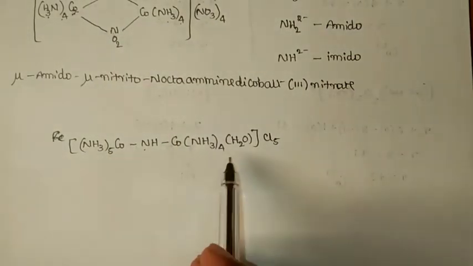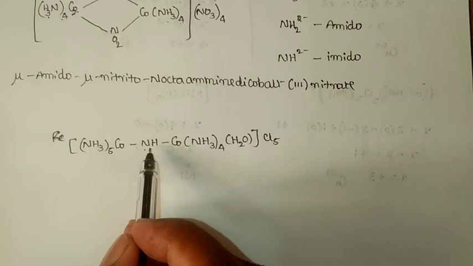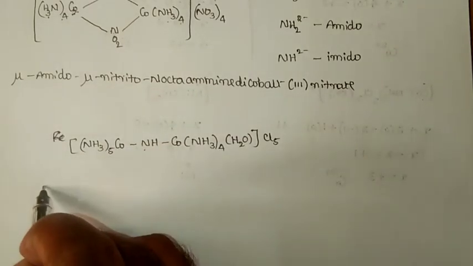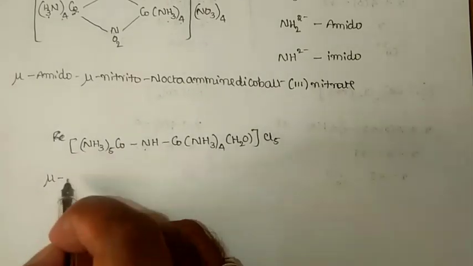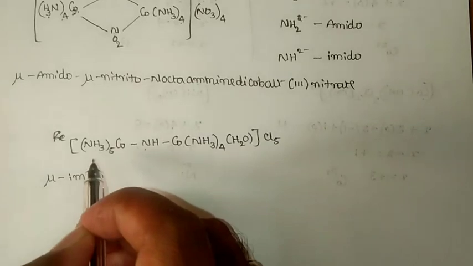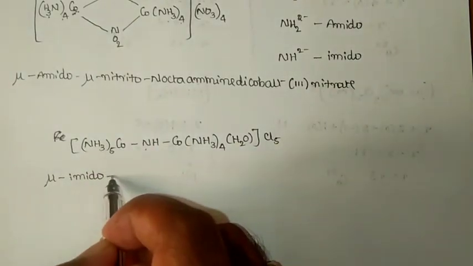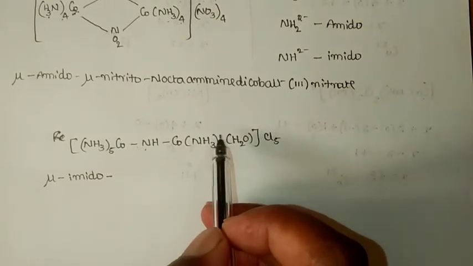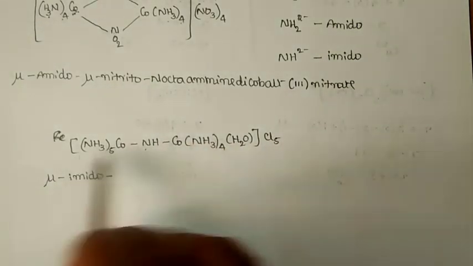So we shall give the name for this. First we should indicate the name of the bridging ligand by indicating the letter mu. So mu-imido.